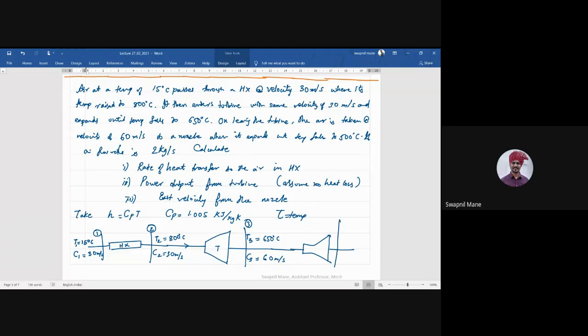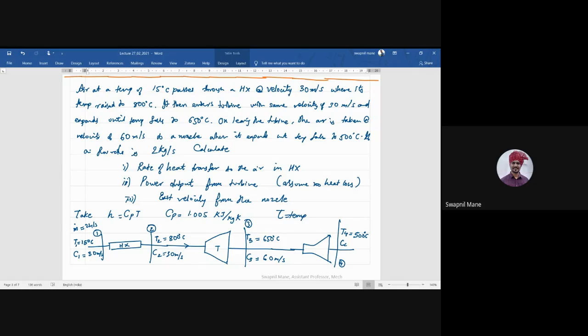So the inlet condition of the nozzle is what? 650 degrees Celsius and 60 meter per second. What about the exit condition? In the nozzle it expands until the temperature falls to 500 degrees Celsius. So T4 is equal to 500. The m dot will remain constant, 2 kg per second.